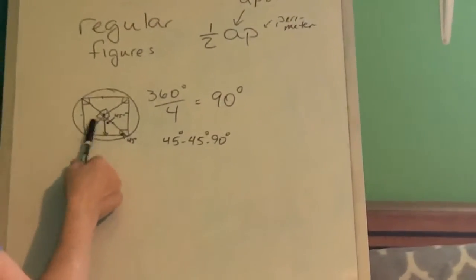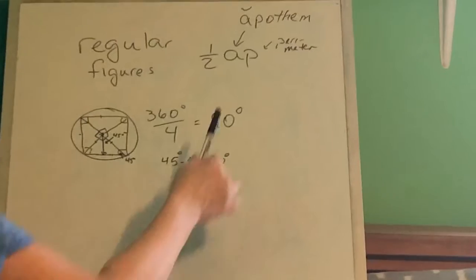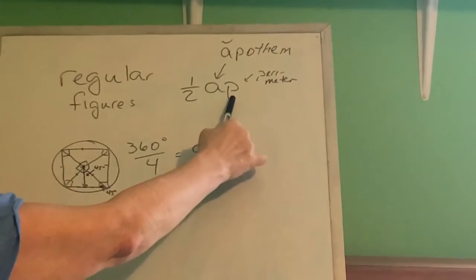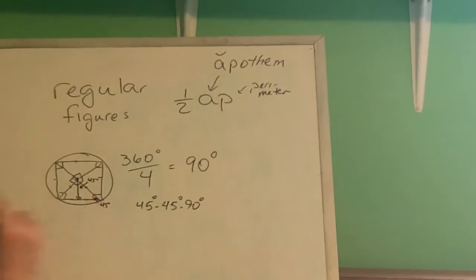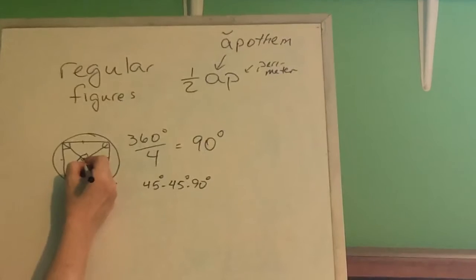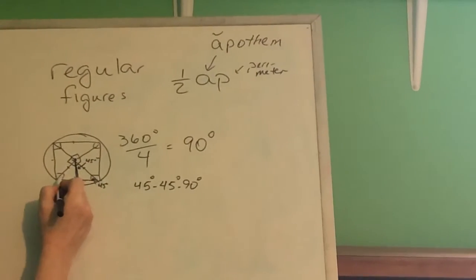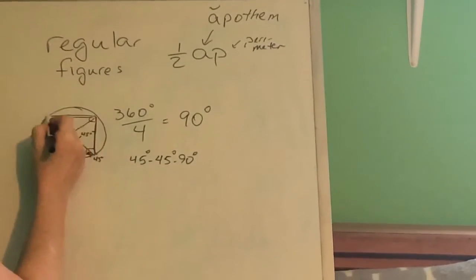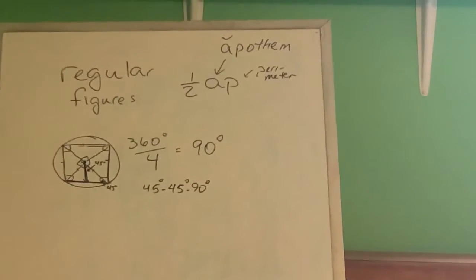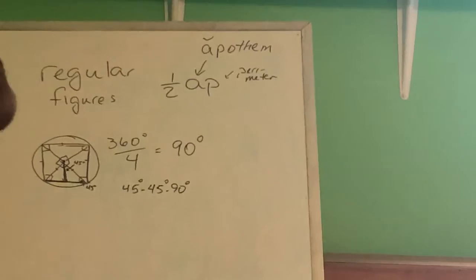So once we figure this information out, then we can apply it here, 1/2 apothem times perimeter. So working the triangle, I don't have any values yet. We're going to see some in just a minute. I can find the apothem. I can find the perimeter of the figure that we're working with, and I can multiply those together and take half of them.